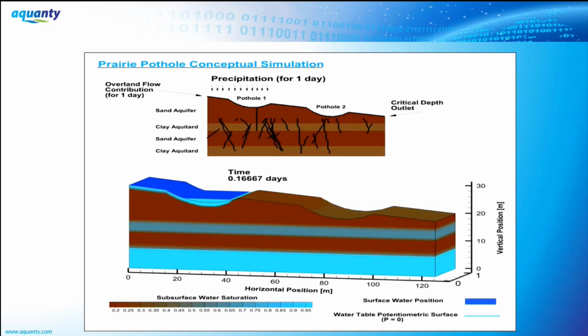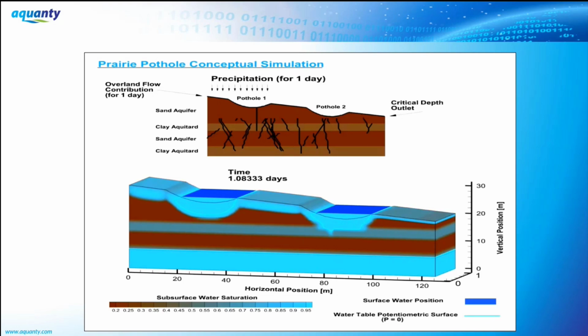It penetrates those fractures, and then you see the water table responding to this recharge in that lower aquifer. As I mentioned, this is a really hard nonlinear problem to solve, and HydroGeoSphere seems to be able to handle it quite well. Next slide.